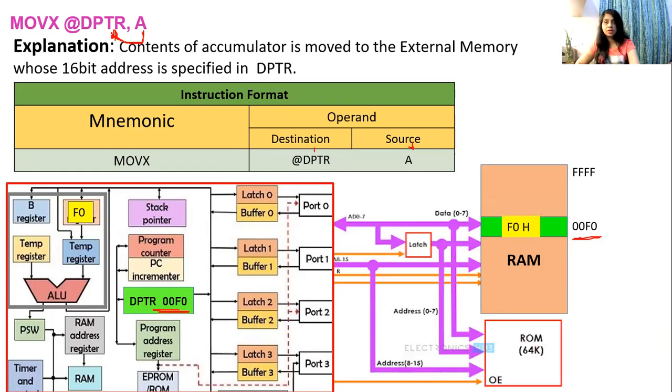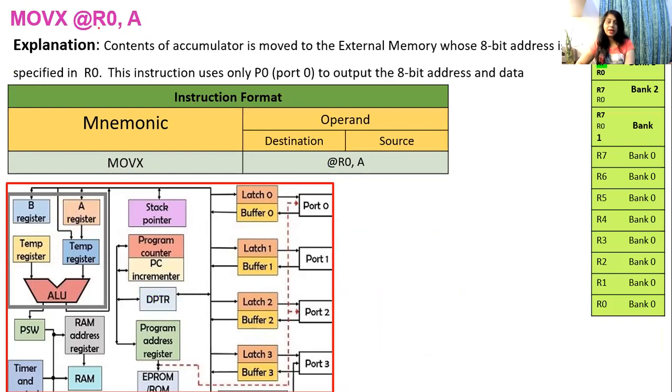So that is the MOVX instruction. Now next, MOVX @R0, A. What this instruction says: move the contents of the accumulator into the memory whose address is in the R0 register. Again, external only, but it is the R0 register. Now where is R0? R0 is here, which is in internal bank 0. Let's say we have already selected bank 0, and R0 is a register of bank 0. Now assume that the accumulator holds F0.